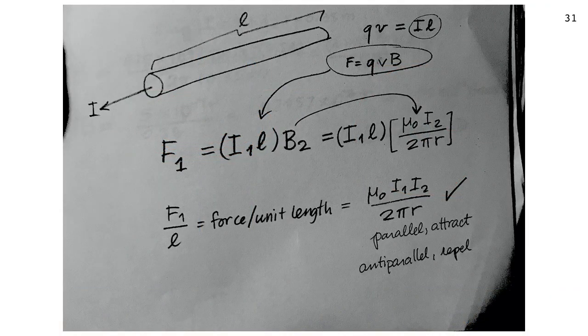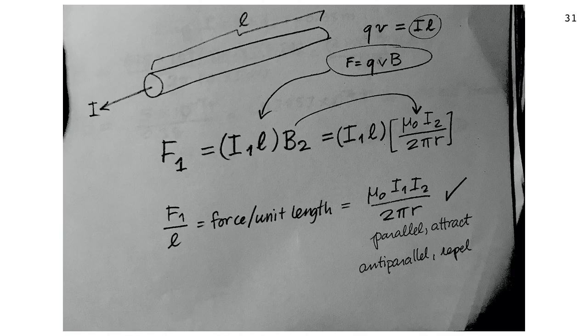So here's wire 1, and there's current going through it, and let's say that this length of it is L. So QV is equal to IL. And why do we need QV?